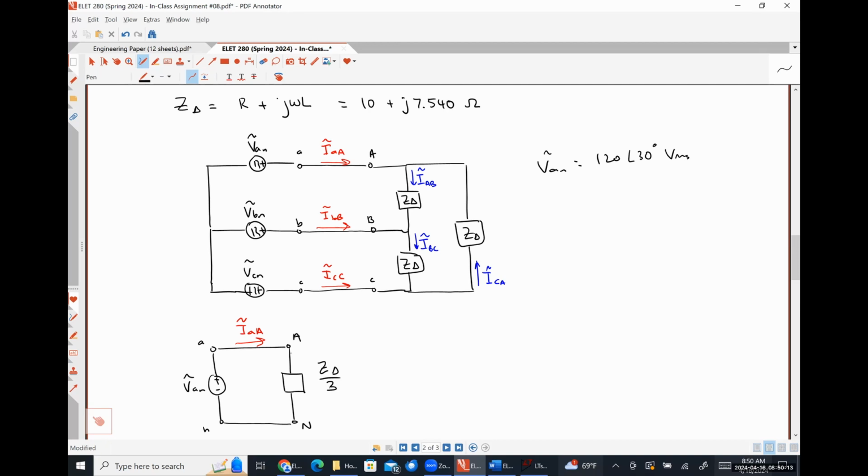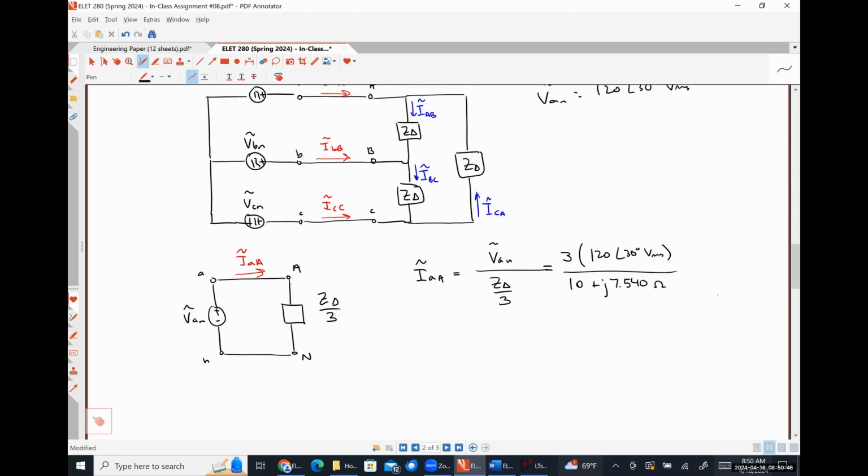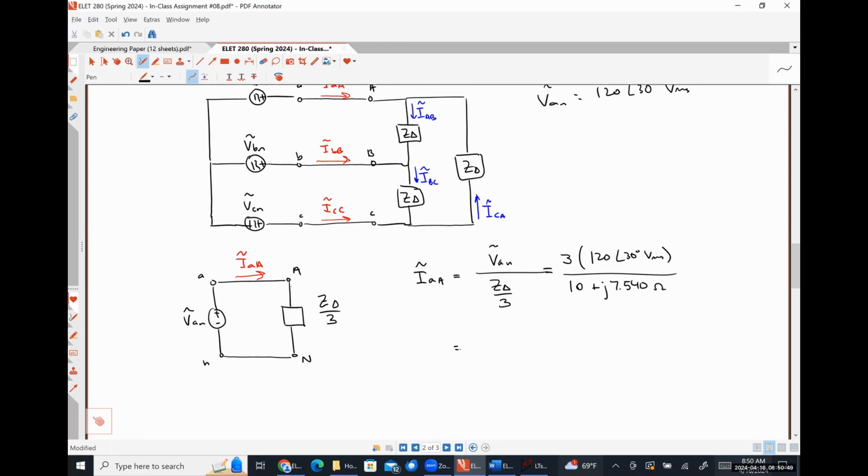So how would I solve for my line current IAA? Ohm's law. So VAN divided by Z delta over 3 is going to look like 3 times 120 angle 30 degrees volts RMS divided by 10 plus J 7.540 ohms. So I'm going to throw that in my calculator.